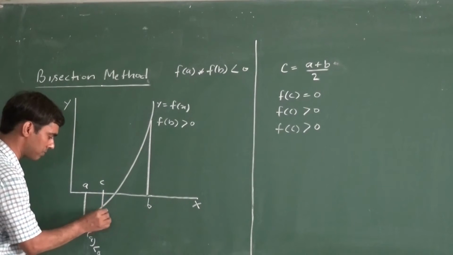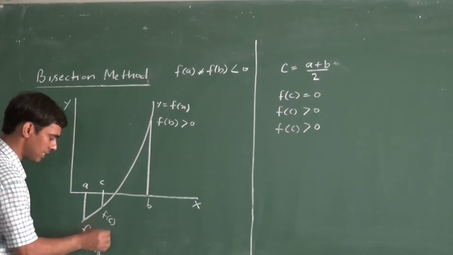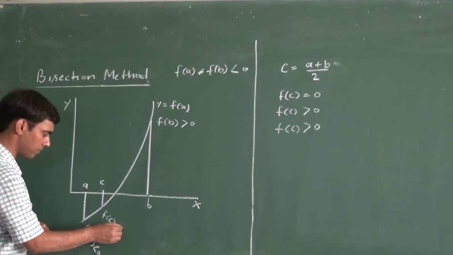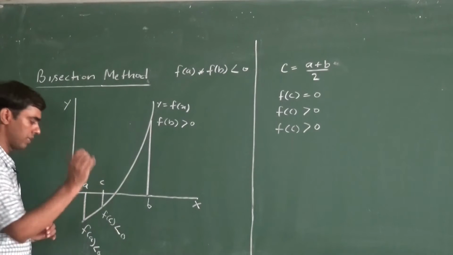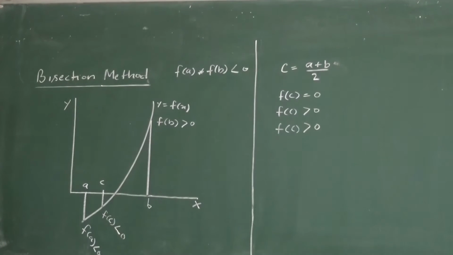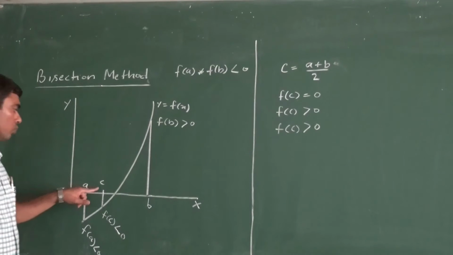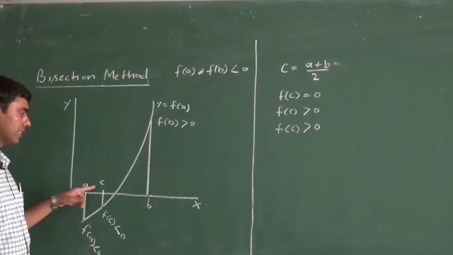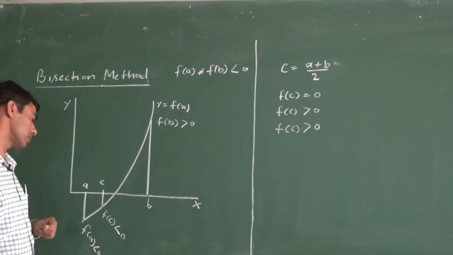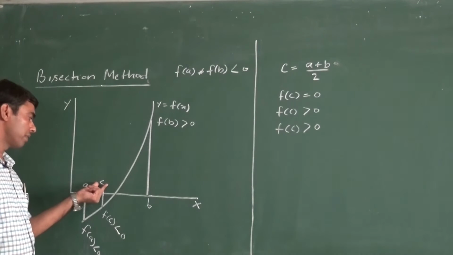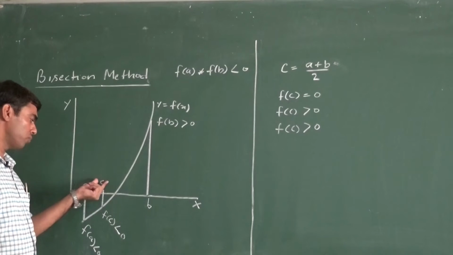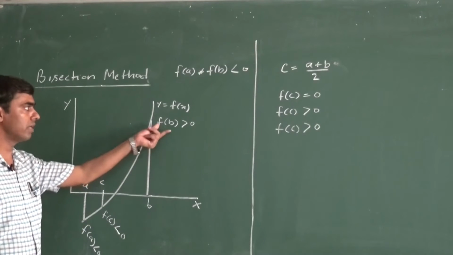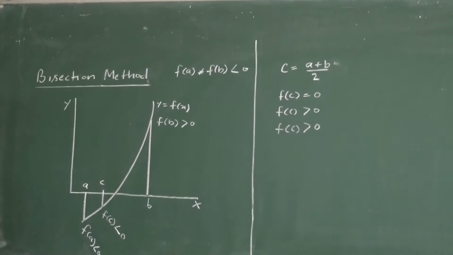This is f(c), and in this quadrant the value of the function is less than 0. Now the root lies between c and b. Why does the root lie between c and b? Because there is one point where the value of the function is negative and one point where the value of the function is positive.